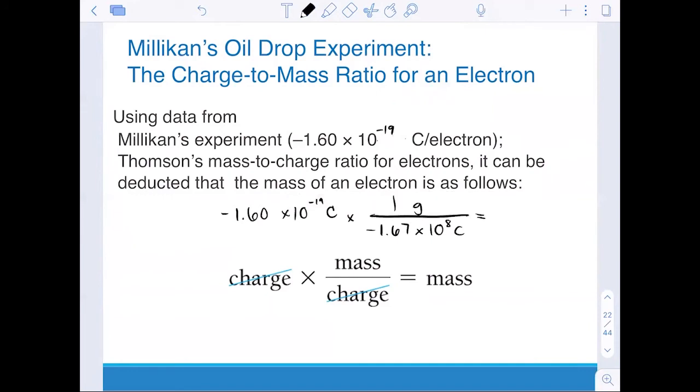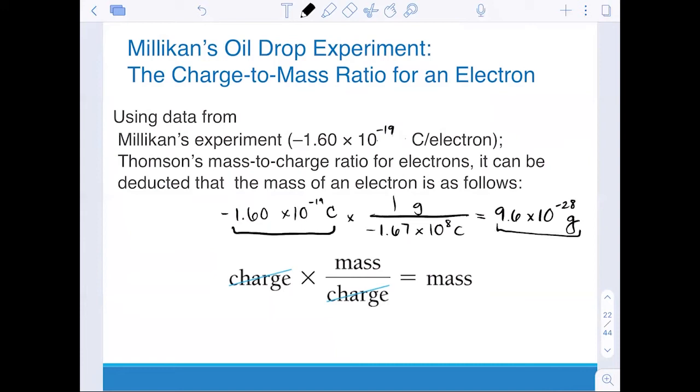We were able, with Millikan's experiment, to find out what the actual mass of the electron was. Very, very small number, but what we get to see from this calculation is the idea that the conversion factor given from J.J. Thomson was able to look at individual portions of the electron, whether it was the mass or whether it was the charge.